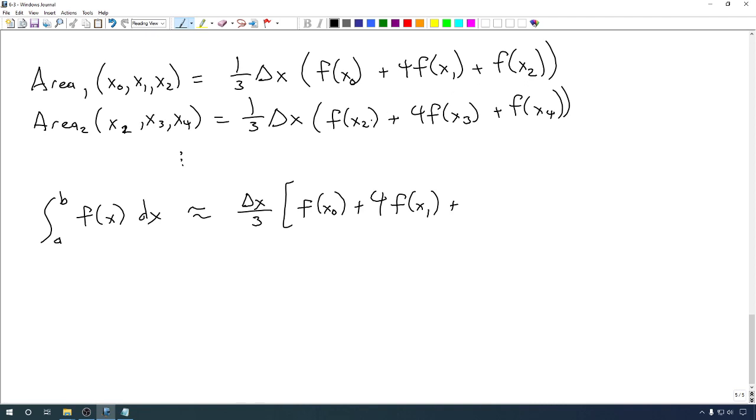F of x2 is repeated. It appears twice. It only has a 1 here, but it also appears here. So we get a 2 on that one. x3 only appears once, but it has a 4. x4 appears here, and it would appear in the area 3 as well, so that gets doubled.